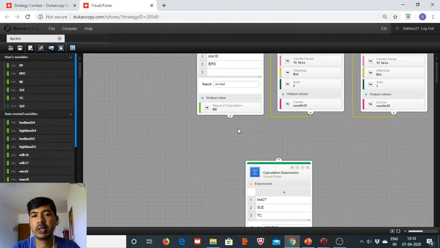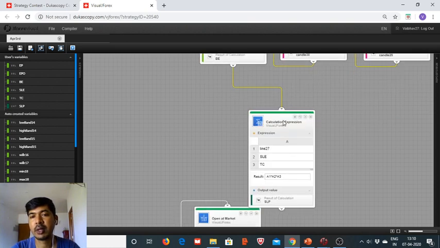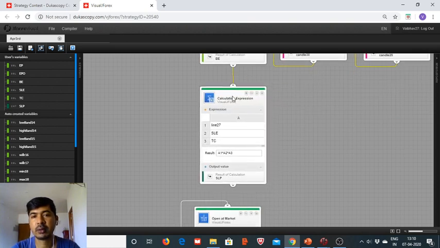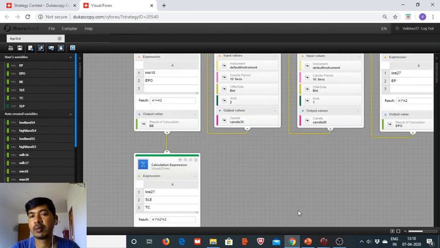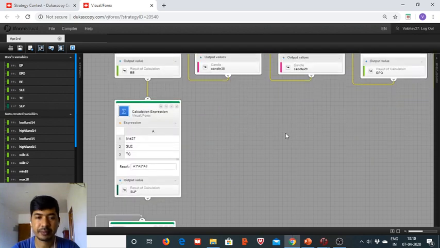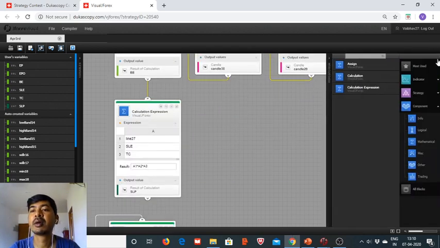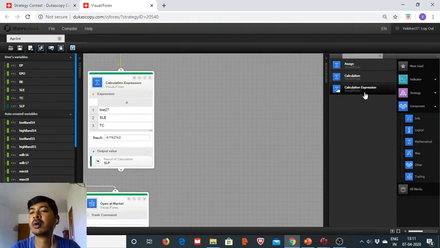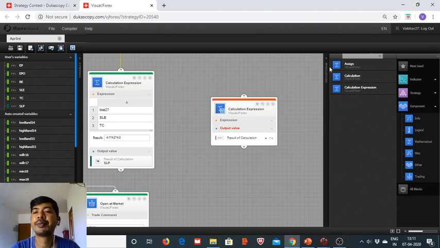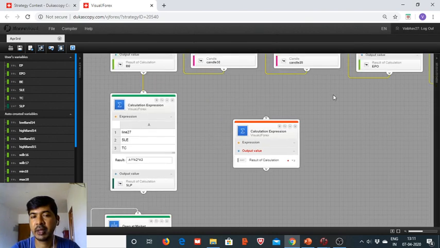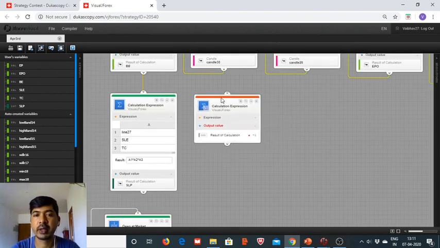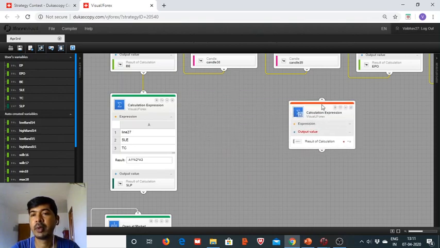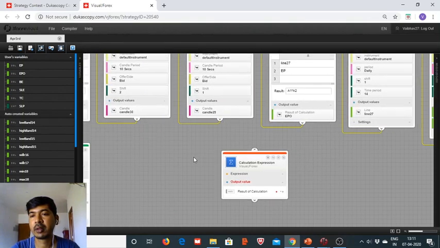We do the same thing for the target price, and for the target price as well we will take 110% of the ATR range. So whatever is the recent ATR range, we will be taking the 110%.